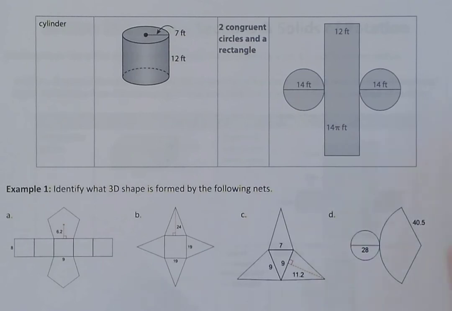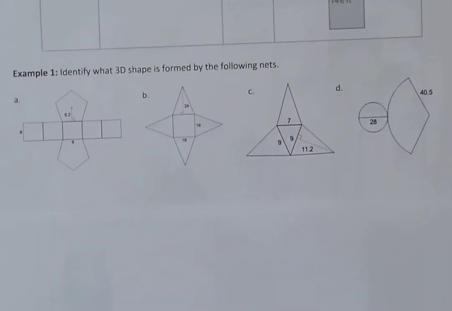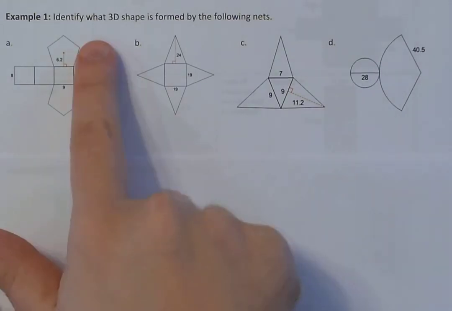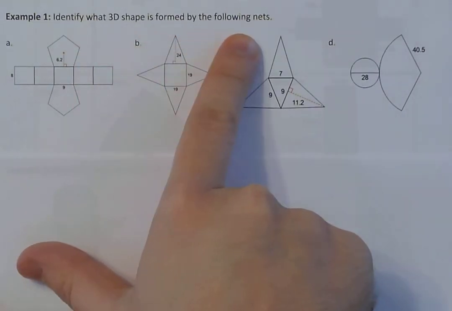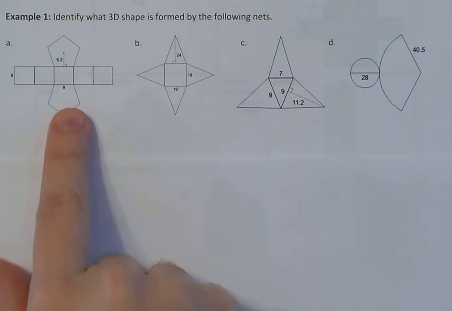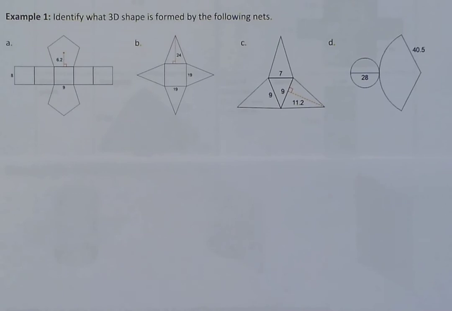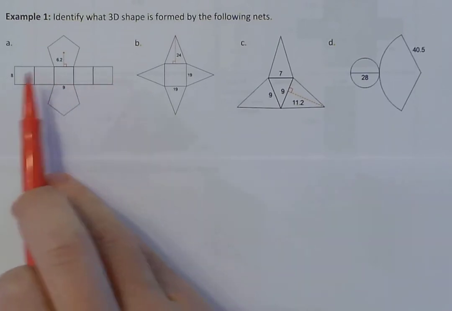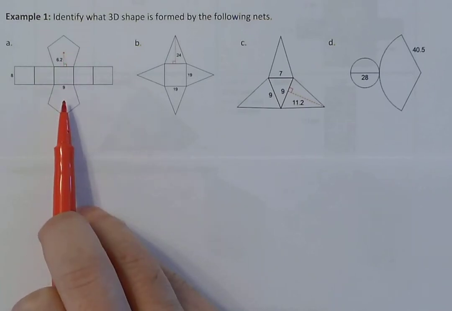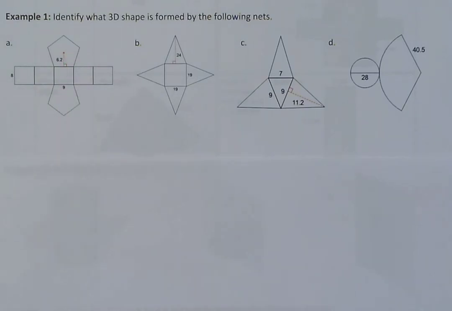So, example 1 is going to ask us to identify what 3D shape is formed by the following nets. Looking at example 1, part A, I see a lot of rectangles and 2 pentagons. A lot of rectangles clues me into a prism. A prism has to have 2 of the same bases.